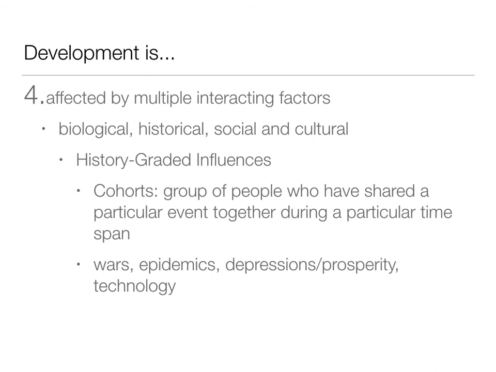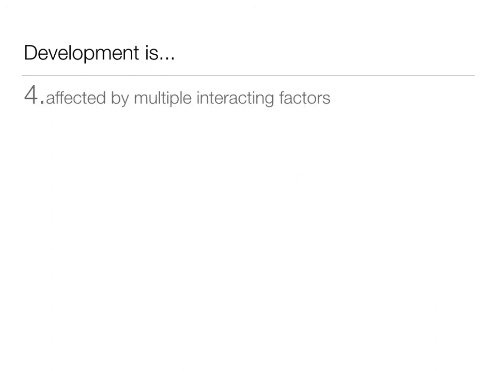So again, I had a different cohort, and you all have a different cohort on technology than I do, because there was really never a time when the internet wasn't a thing. So again, we'll see different influences of that because we're in different cohorts.